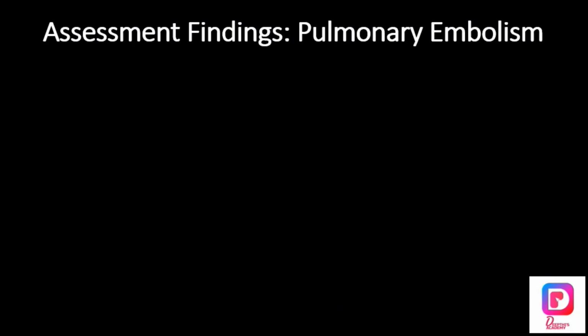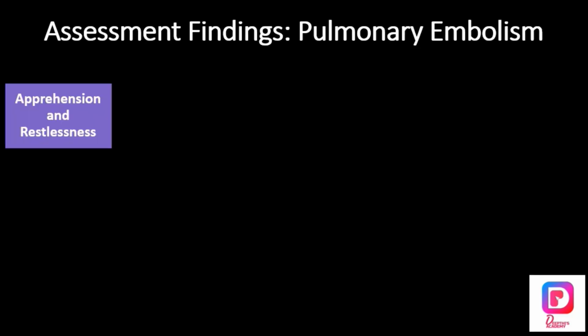Let's see the clinical manifestations of pulmonary embolism. What assessment findings do we see in the patient? Apprehension and restlessness. The client may experience fear or anxiety along with restlessness.